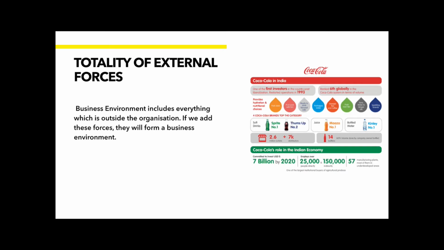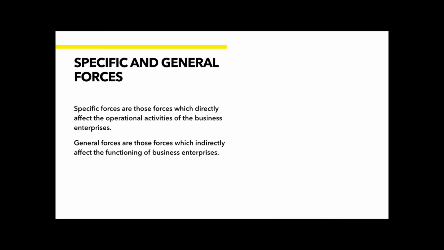So it is the group of many such forces, which is why its nature is totality, because there are certain factors which are outside the control of the business. You cannot control them. For some businesses it is an opportunity, and for certain businesses it is a threat.